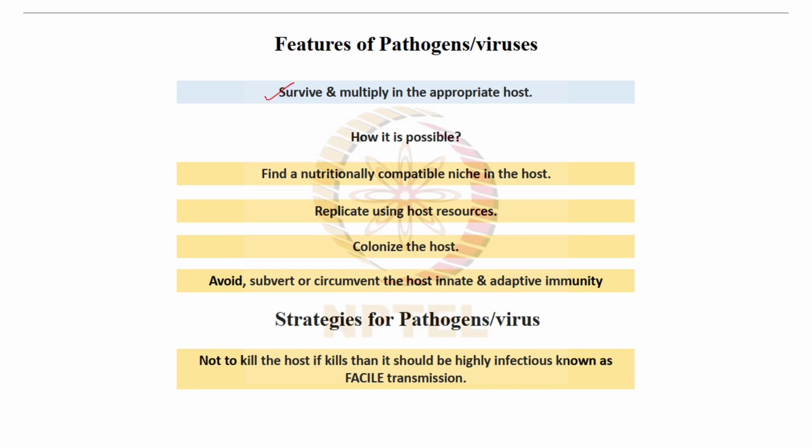It finds a nutritionally compatible niche in the host and replicates using the host resources. Then it will colonize inside the host and avoid, subvert or circumvent the host innate and adaptive immunity. Then it will cause the pathogenesis.